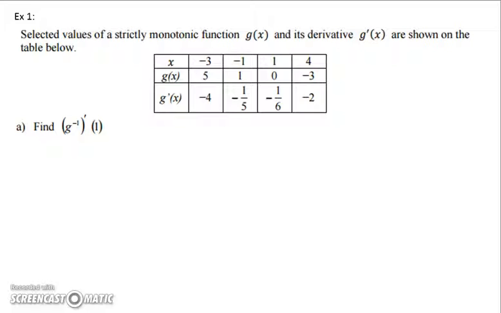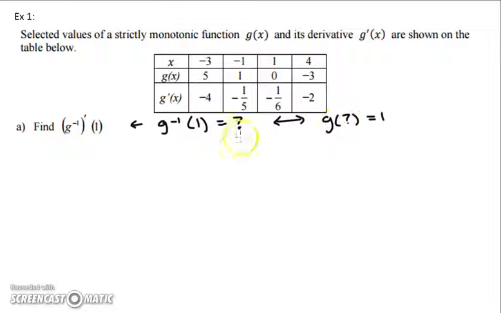So thinking about the rule that we just came up with, this is going to be the equivalent of g inverse of 1 equals something, right? We don't know what g inverse of 1 is, but we know that g of that same something is going to equal 1. So the x value on the inverse equals the y value on the function.